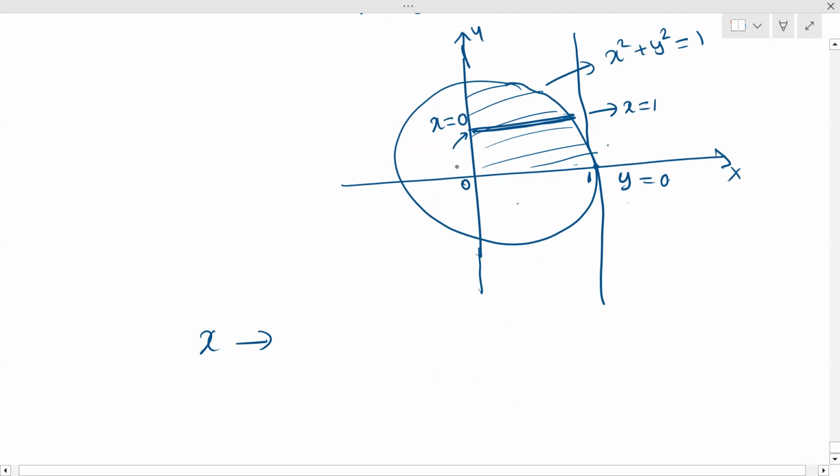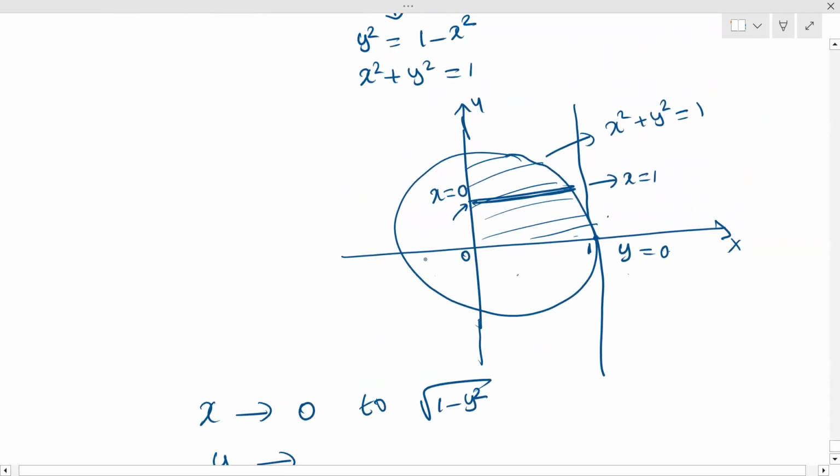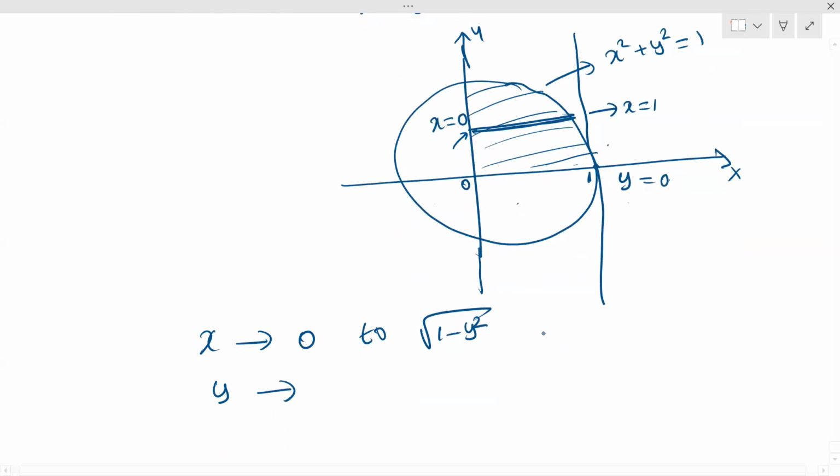So x varies from 0 to root of 1 minus y square. And the y limit is the minimum and maximum value of y. Here y equal to 0 and the maximum value of y is 1. So y varies from 0 to 1.